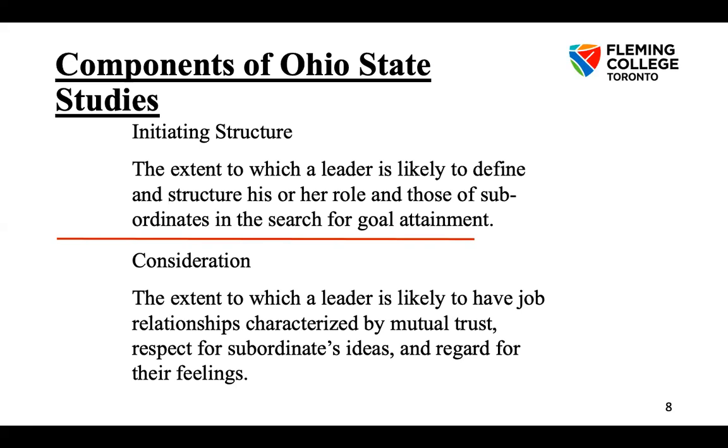Initiating structure is the extent to which a leader is likely to define and structure his or her role and those of subordinates in the search for goal attainment. Consideration is the extent to which a leader is likely to have job relationships characterized by mutual trust, respect for subordinates' ideas, and regard for their feelings.